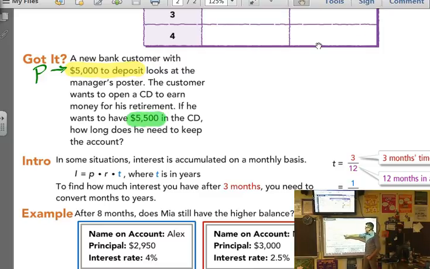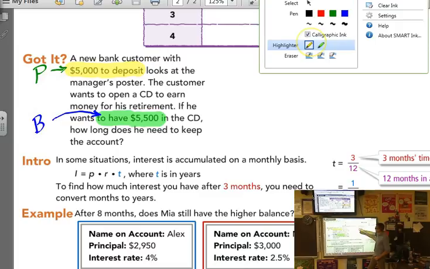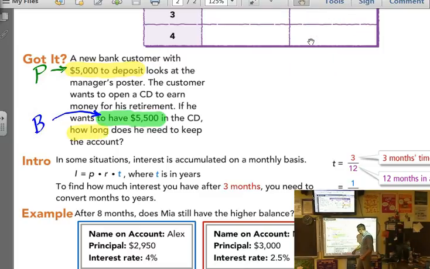He wants to have, so if this is what he has, well then that would actually probably be my balance. How long is the question I'm being asked to answer? So that would be our time, is what we're being asked to answer.